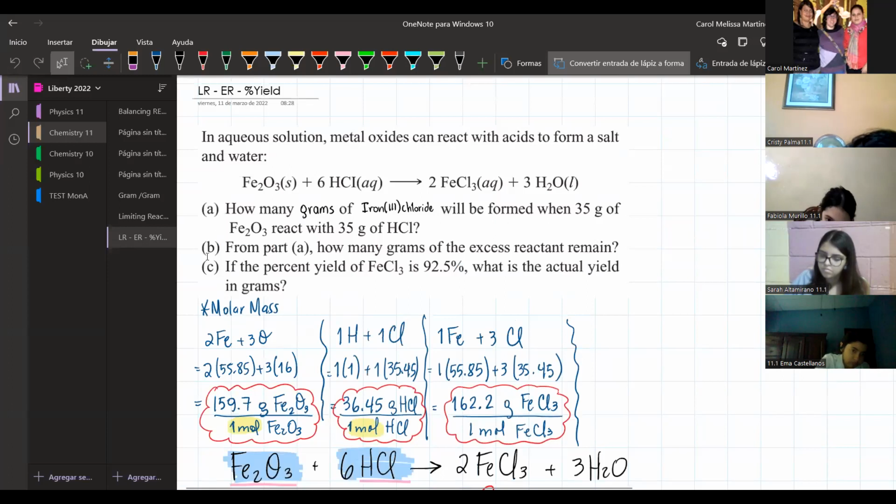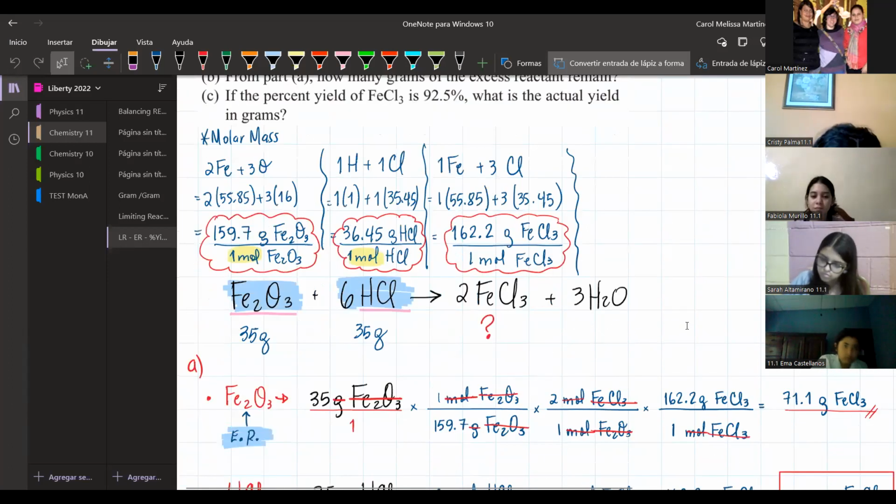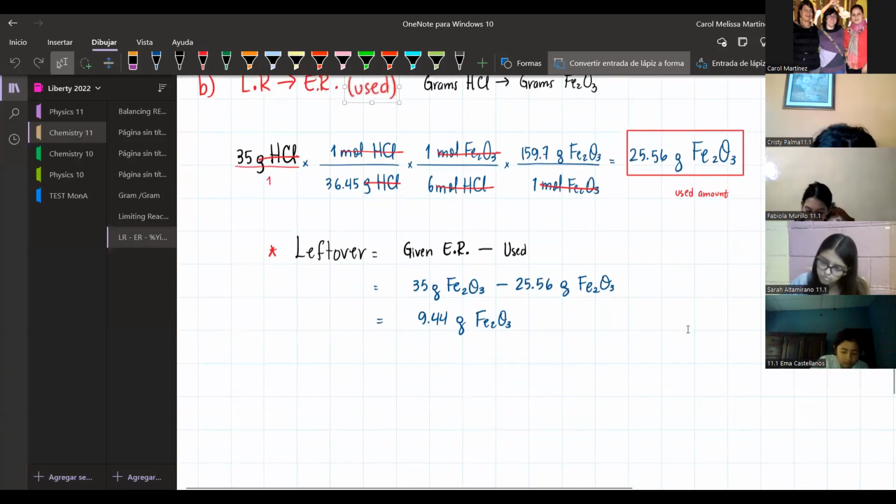So, question 2, from part A, how many grams of excess reactant remain? You can call it remain or leftover. You can answer in a sentence.